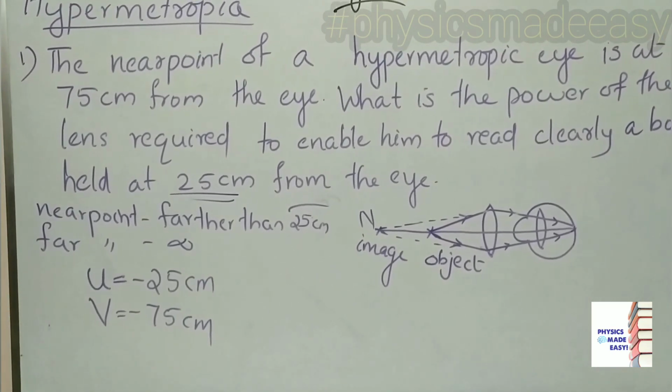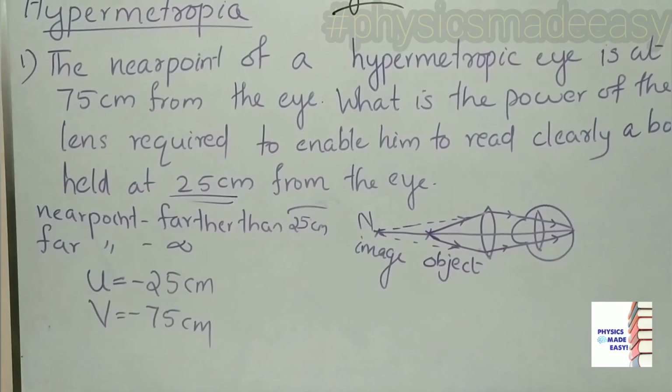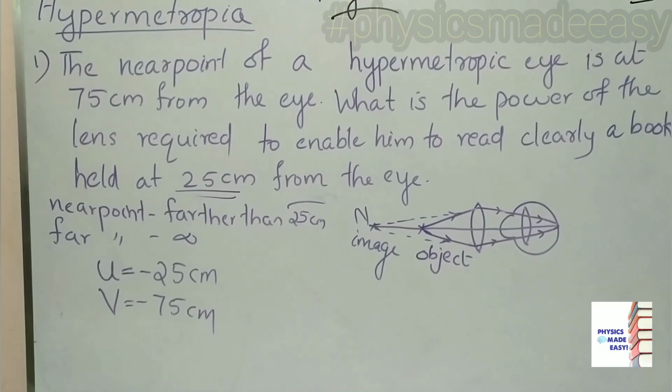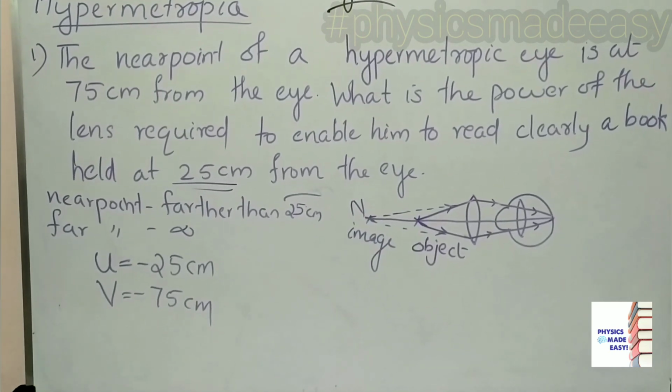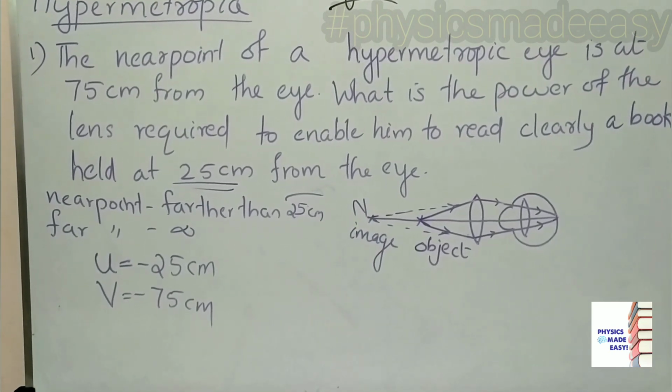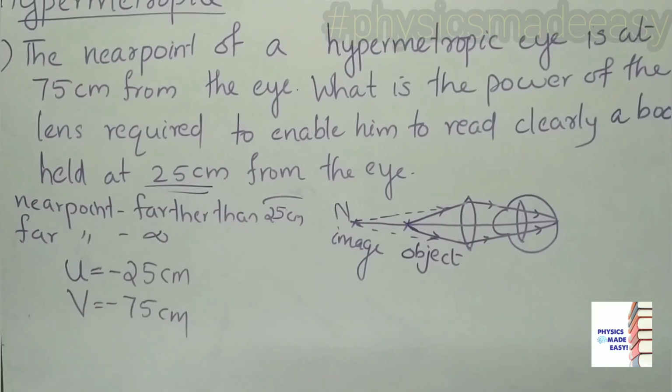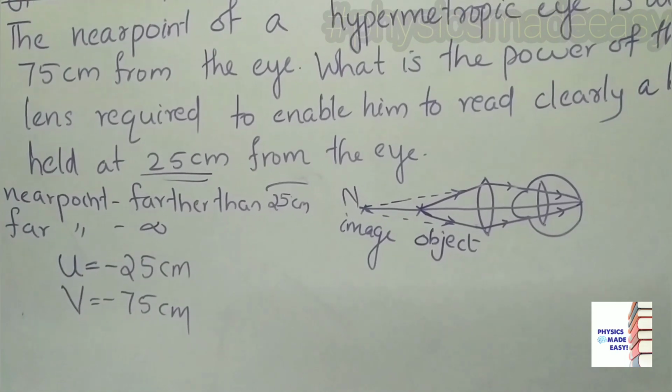But in this case it is hypermetropia. So the near point is farther than 25 centimeter, that is given here as 75 centimeter. In this case no need to discuss the far point, you know that the far point is infinity.